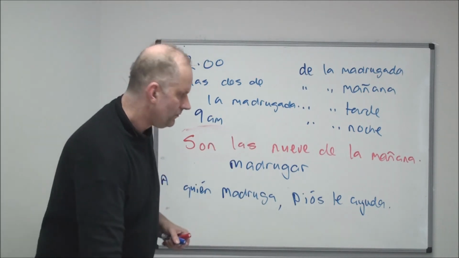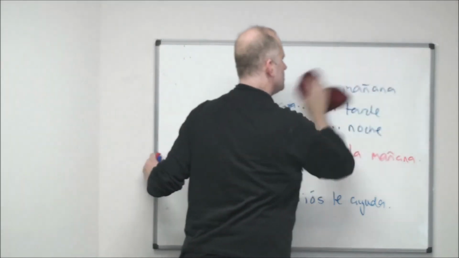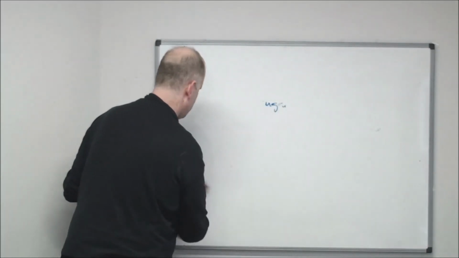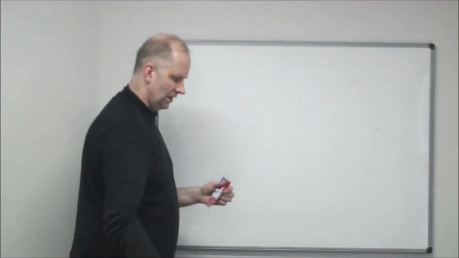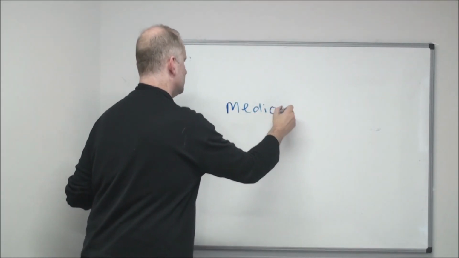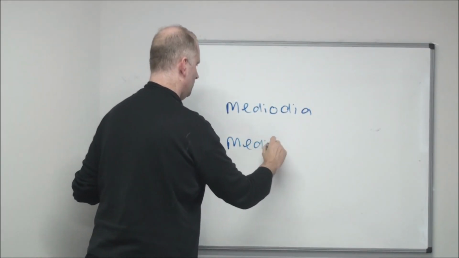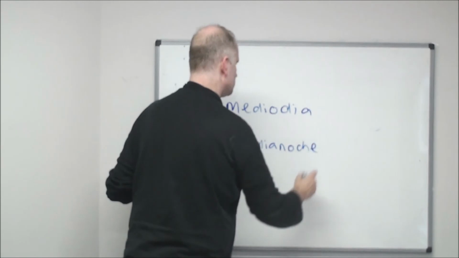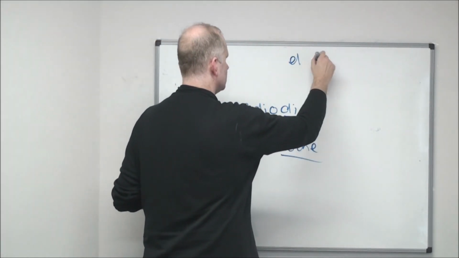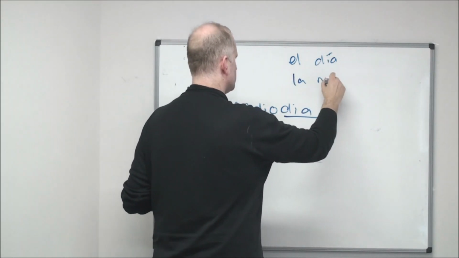Okay, so another thing to look at is when you say 12, it could be 12 midday or midnight. So midday is mediodía and midnight is medianoche. Día is masculine, it's el día, and noche is feminine, la noche.